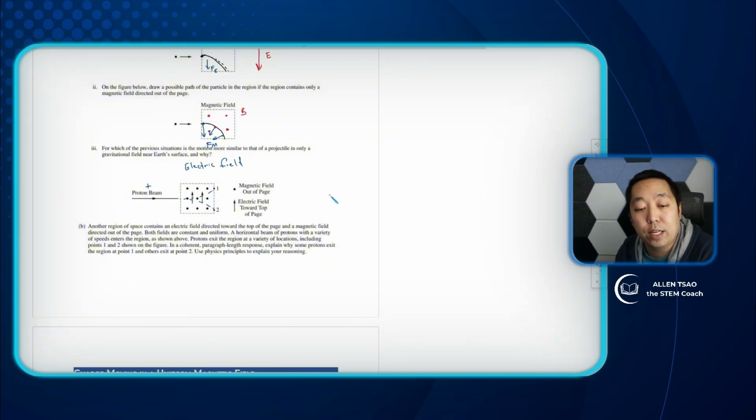It has to do with the strength of the different forces, right? So what's going to happen is, because these are positive charges, you are going to have an electric force up that's equal to Q times the electric field. That's the same. But the magnetic force, if we think about our right-hand rule, charge to the right, magnetic field out of the page, my thumb is pointing down, you'll have a magnetic force pointing down.